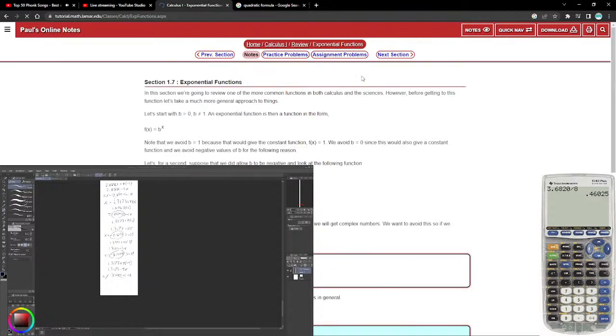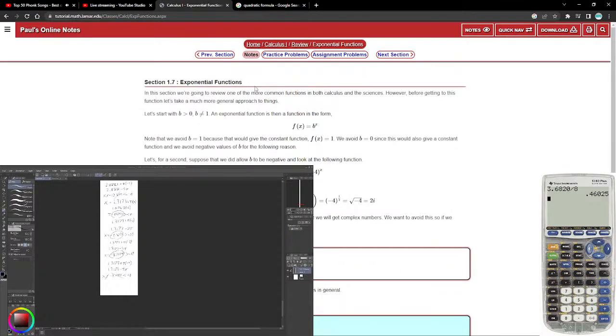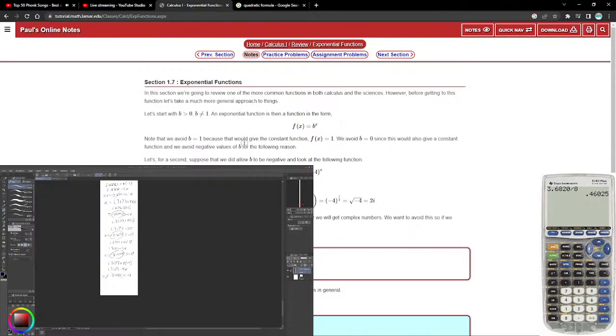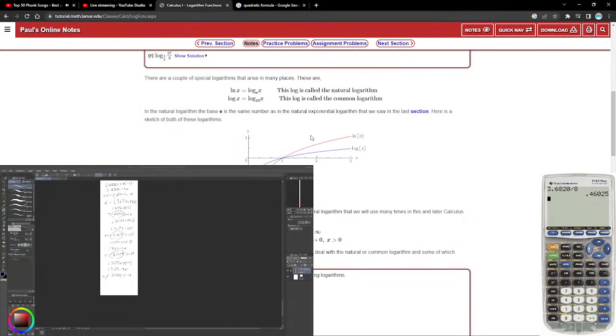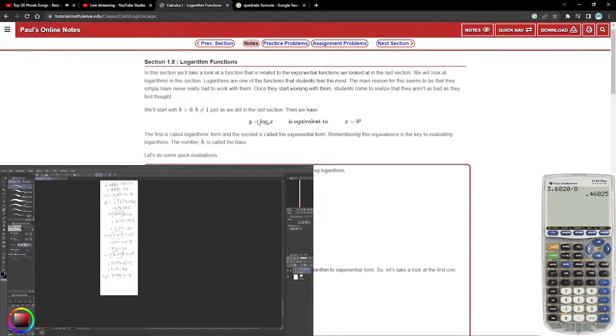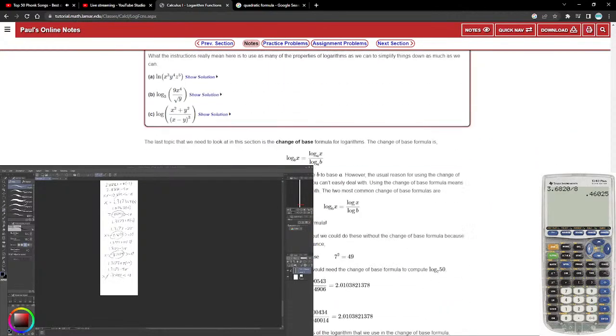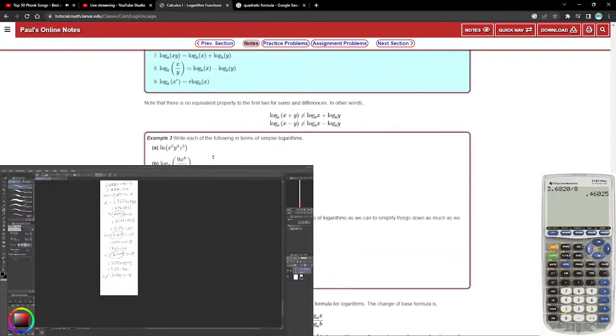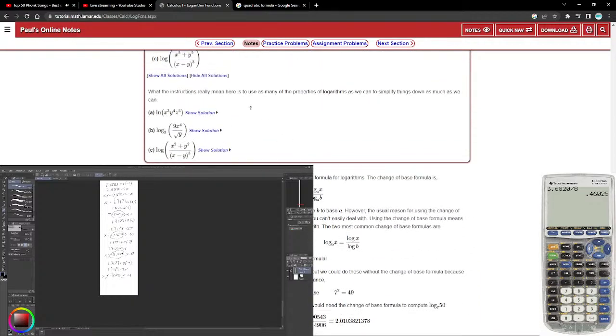Okay, what's the next section look like? Exponential functions. 2 examples. Wow, that's crazy. Next one, oh man, 1.8 has a lot of examples. Only 3 examples, but so many parts.